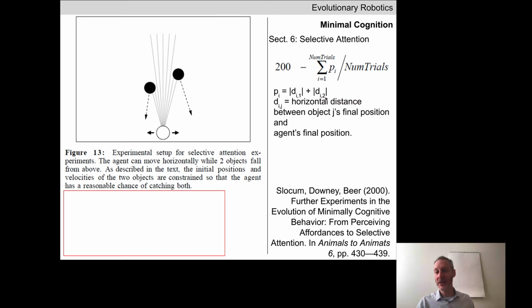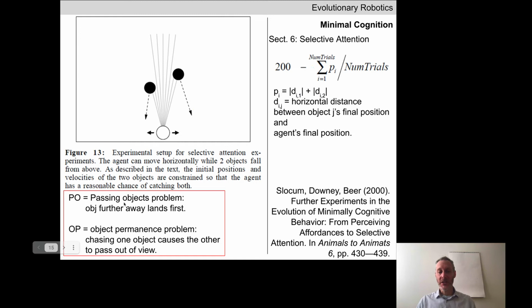D sub I 2 is the horizontal distance between the robot and object 2 when object 2 hits the ground during the ith trial. So an ideal robot would get Ds of 0 for D1 and D2, and for all of the NUM trials. 200 minus a whole bunch of zeros is 200. The maximum fitness score the robot can achieve is 200.